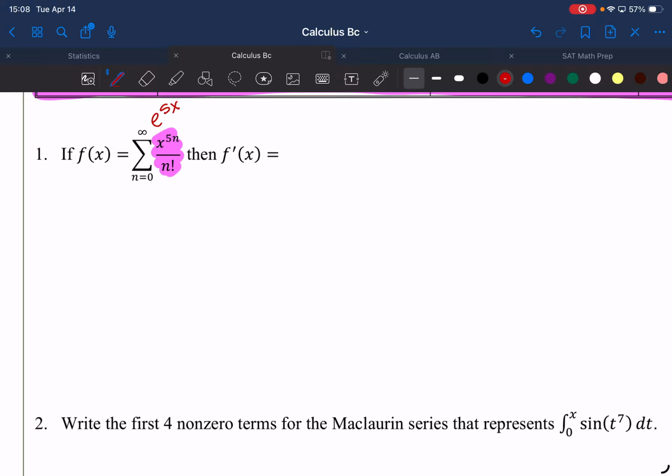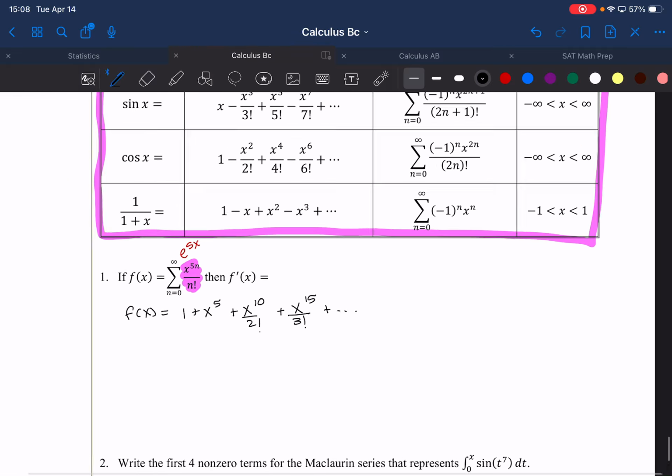So the first thing I'm going to do is I'm going to write down my series expansion for e to the 5x. That means I'm using the series expansion for e to the x, and I'm just going to be having an additional 5 in the exponents. So f of x is equal to 1 plus x to the 5 plus x to the 10 power divided by 2 factorial plus x to the 15th power over 3 factorial, etc. Again, where am I finding this?